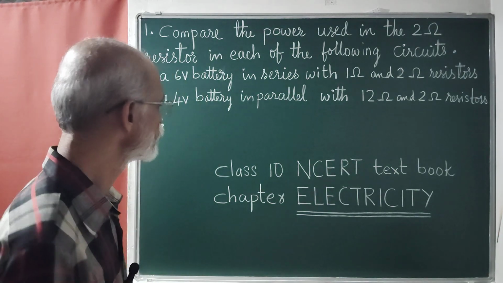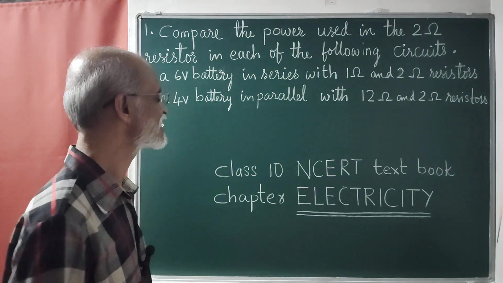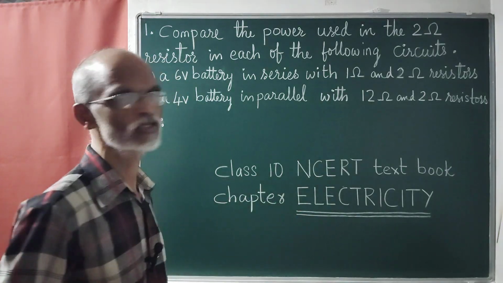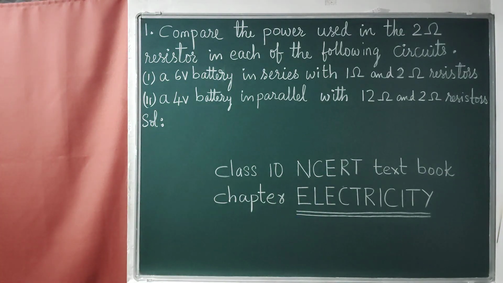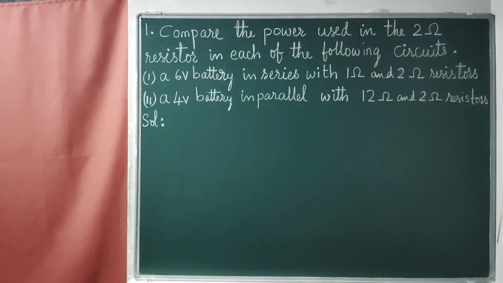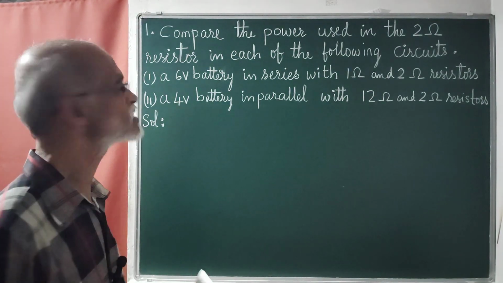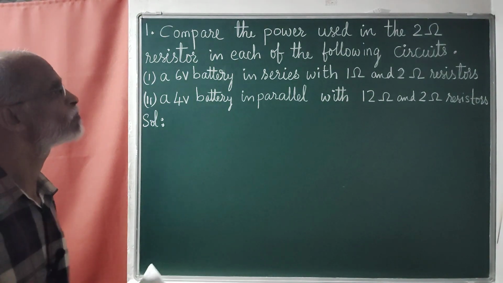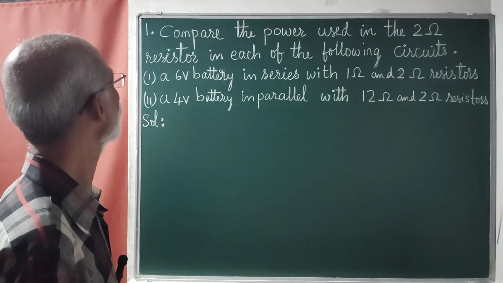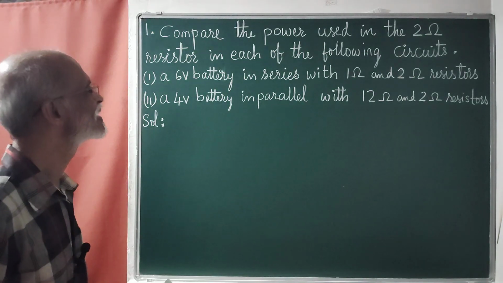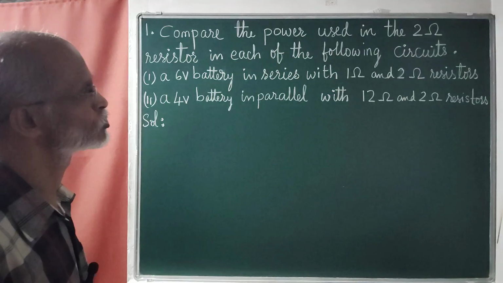In this class, we'll solve sums from class 10 NCERT textbook. The sum says, compare the power used in the 2 ohm resistor in each of the following circuits.